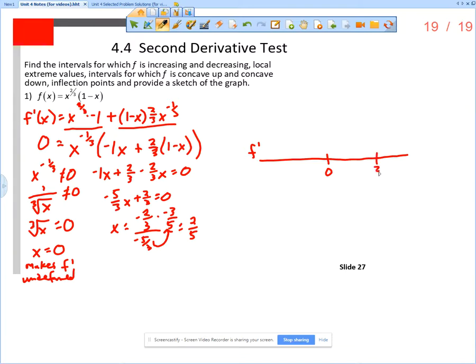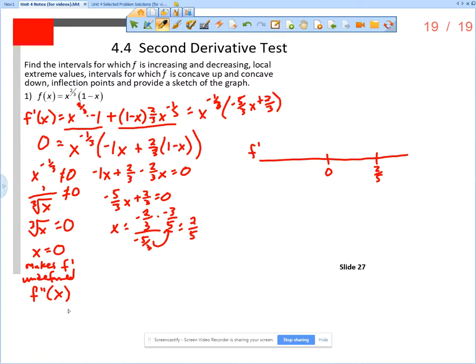Now, before I do that, I'm also going to find f double prime. That's going to be the derivative of the derivative. Now, I'm going to use the simplified version, right? So the simplified version here is x to the -1/3 times -5/3 x plus 2/3. That's the simplified version of f prime.